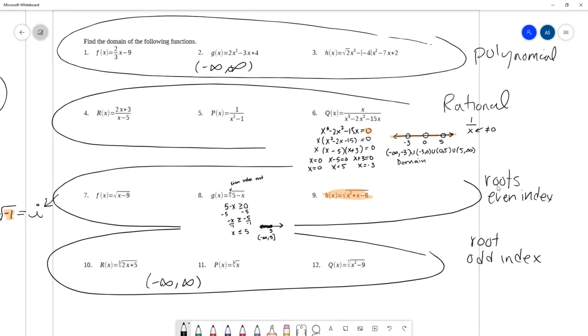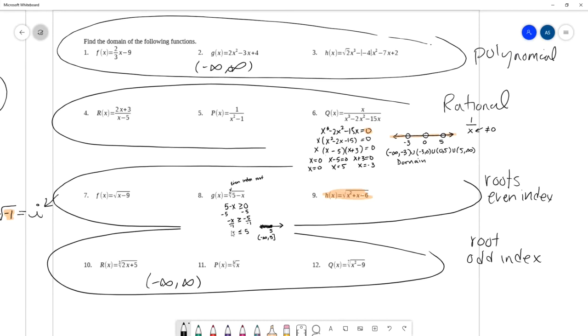Then you have even roots. So you'll see your radical, and then you look at the index. The index should be an even number. And to find the domain, you would set the expression underneath the radical greater than or equal to 0 and solve.